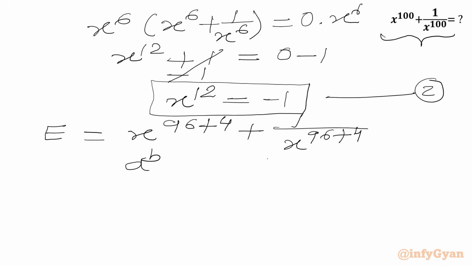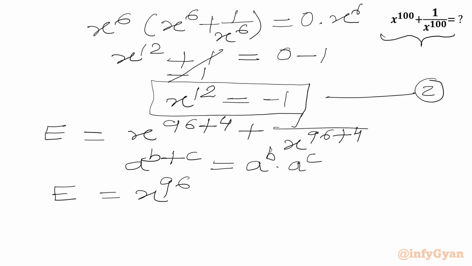Now we will use one exponent law. a power b plus c can be written as a power b times a power c. So we will write our target expression x power 96 times x power 4 plus 1 over x power 96 times x power 4.